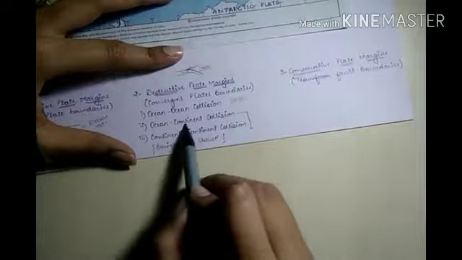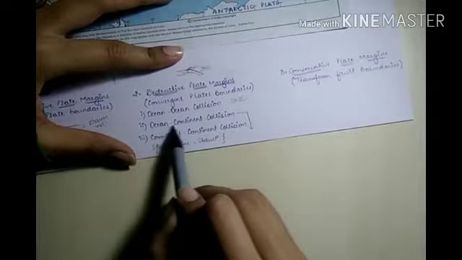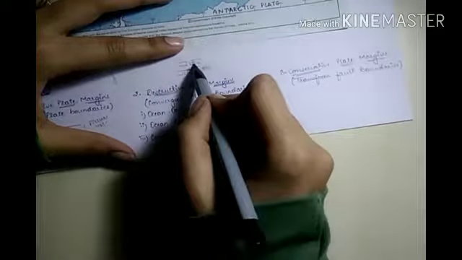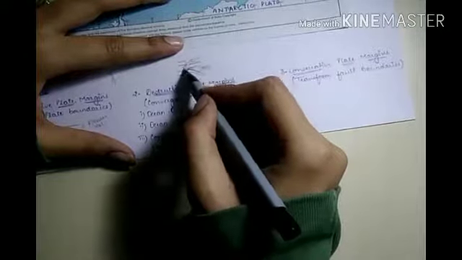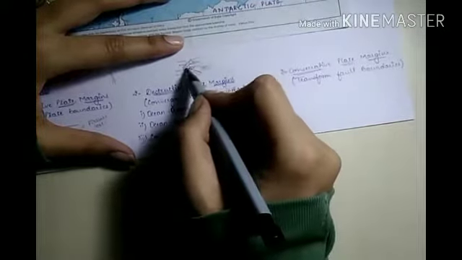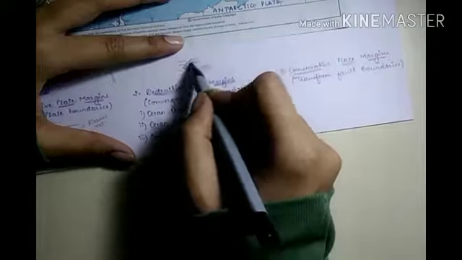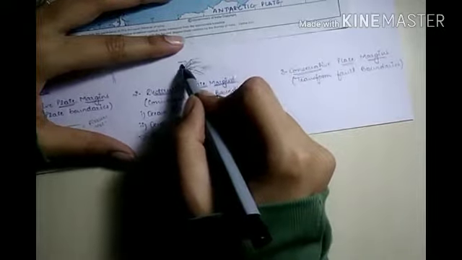Okay, next is ocean-continent collision. In ocean-continent collision, there is one oceanic plate and the second one is continental plate. Okay, they collide with each other, and the oceanic plate being heavier, it subducts inside, and the continental plate rises up.